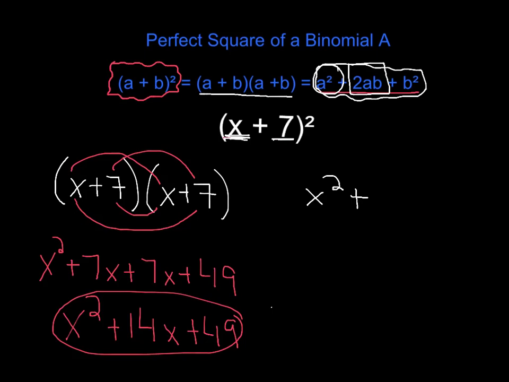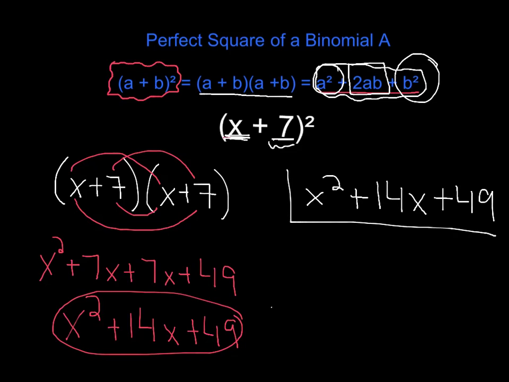So 7 times x is 7x, double it, you get 14x. And then finally, you take the second term in your binomial and square it. 7 squared is 49. So technically, you can do FOIL every time and get the right answer. I would like you to think about the special pattern, because when we factor, meaning we go backwards, it's going to be helpful to really understand this special pattern.